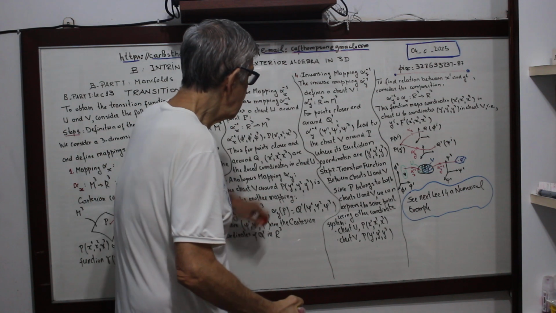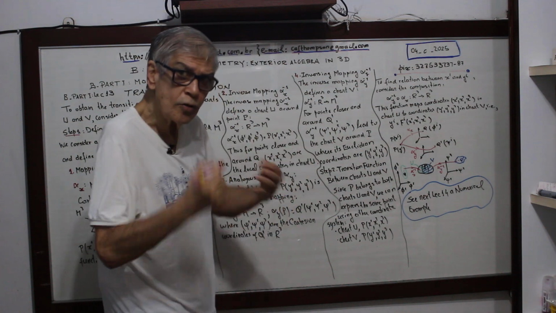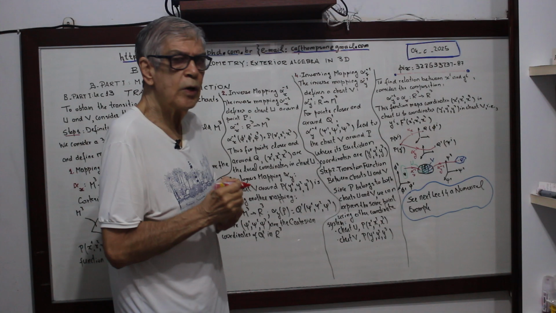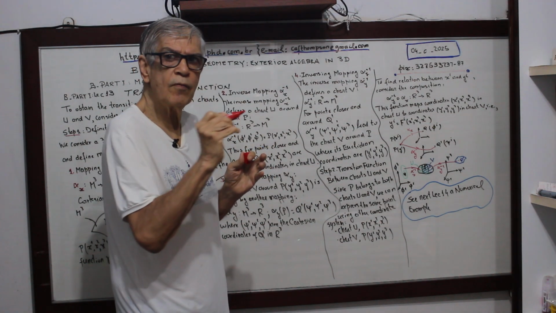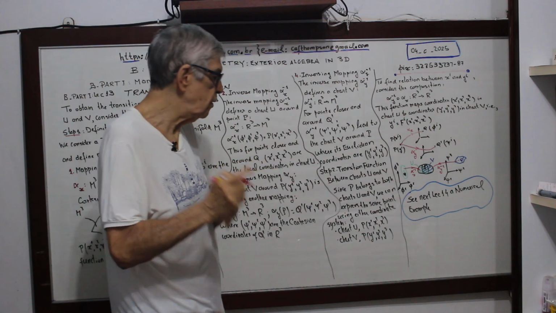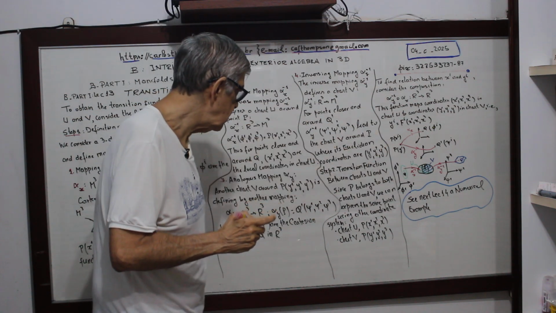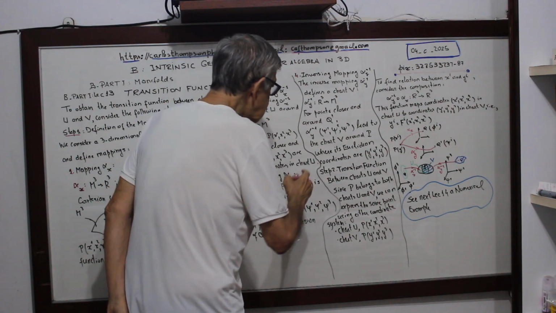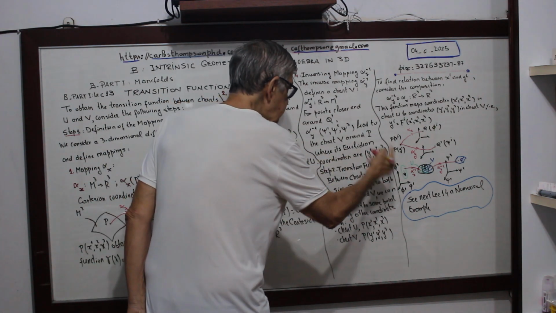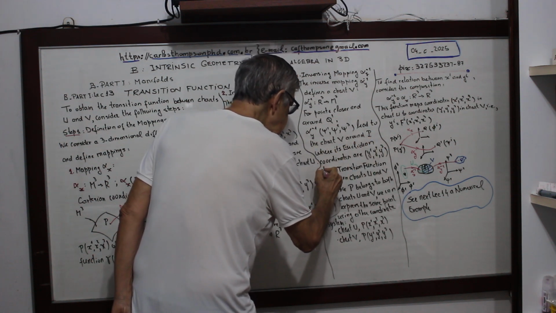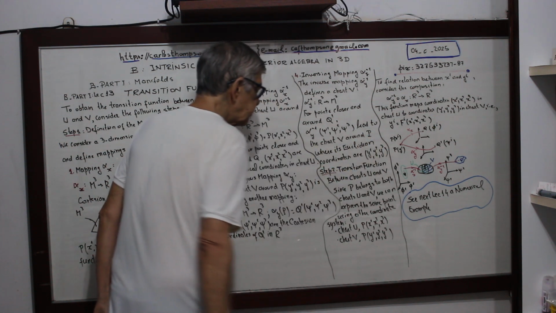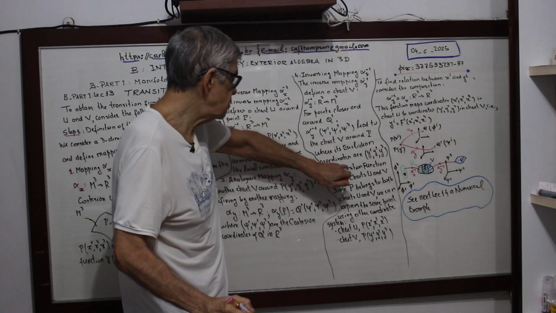Then I create another chart in which P is in the intersection of these two charts, U and V, as I will show ahead. So then I have points y1, y2, and y3. Now, step 2. Now comes the transition function.